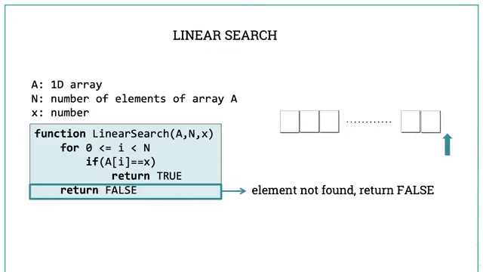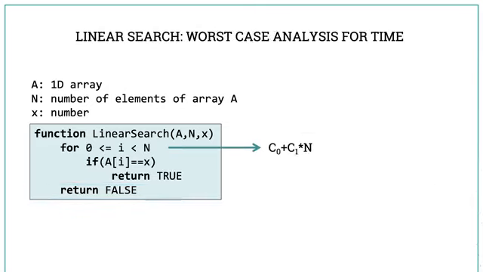Now, let's have a look at the time complexity of linear search. Let's start with the worst case, that is, the case where the maximum number of operations is performed. This happens when the number is not found in the array. In the worst case, all iterations of the for loop are executed. Therefore, this instruction performs a number of operations linear with n, the size of the array.